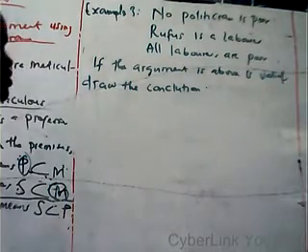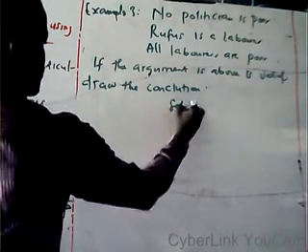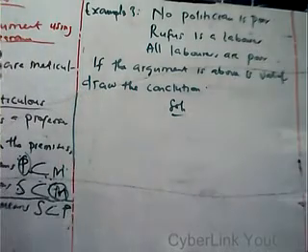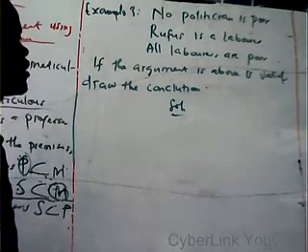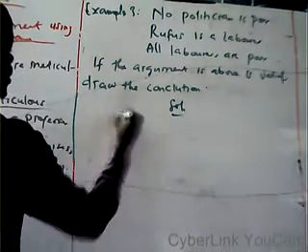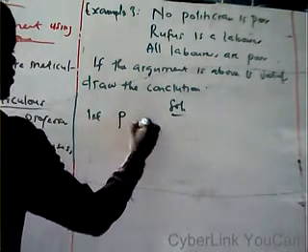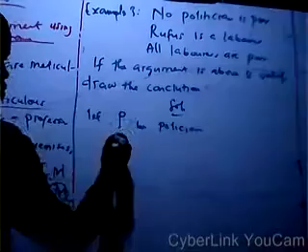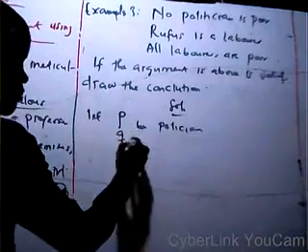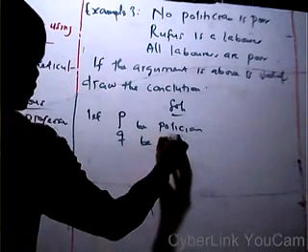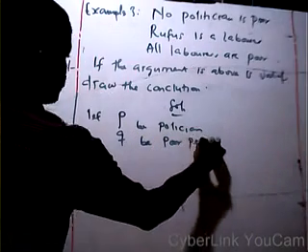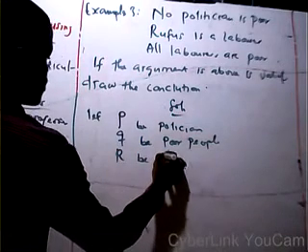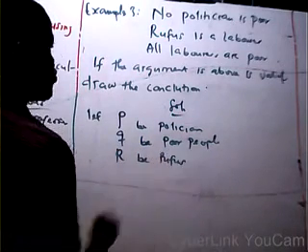Now, look at it. Solution. Let P be politician, Q be poor people, then R be Rufus.